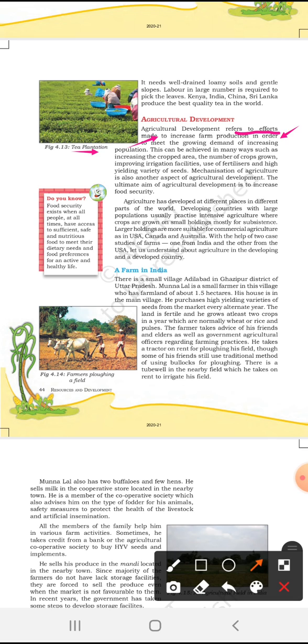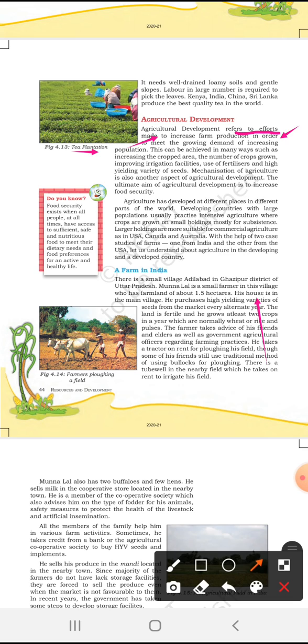The large lands or the big farms are suitable for commercial agriculture. And then, with the help of these two case studies of farms, one from India and the other from USA, let's understand agriculture in a developing and a developed country.